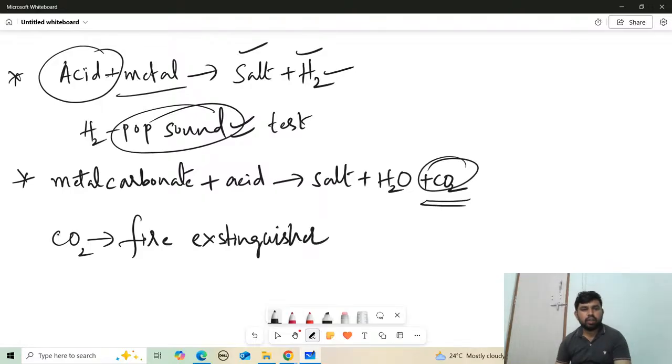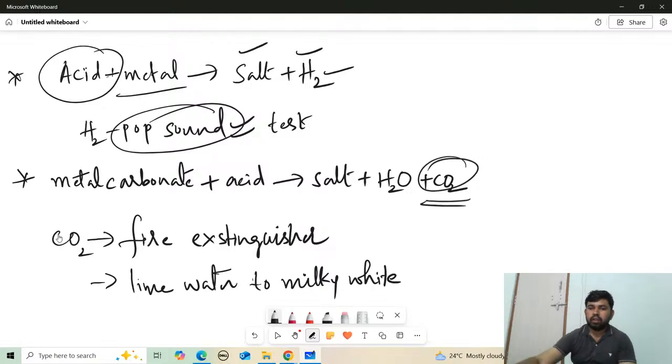And similarly, the CO2 gas turns lime water to milky white. Milky white, you should remember that.